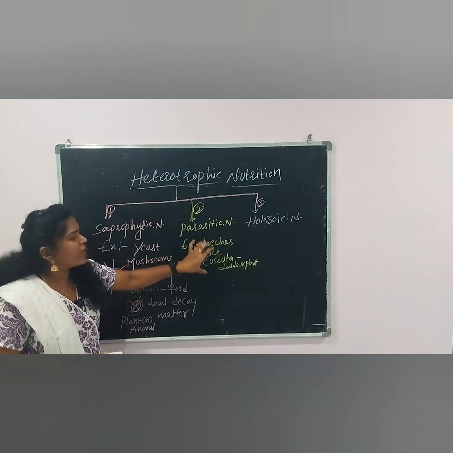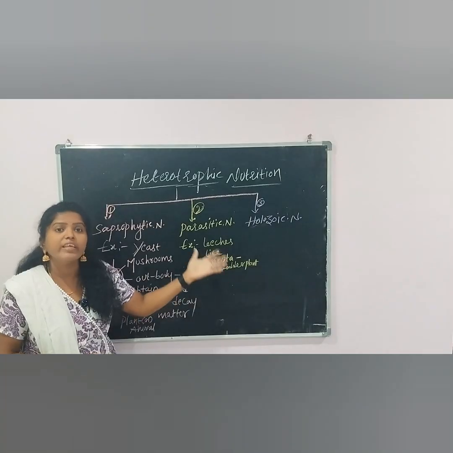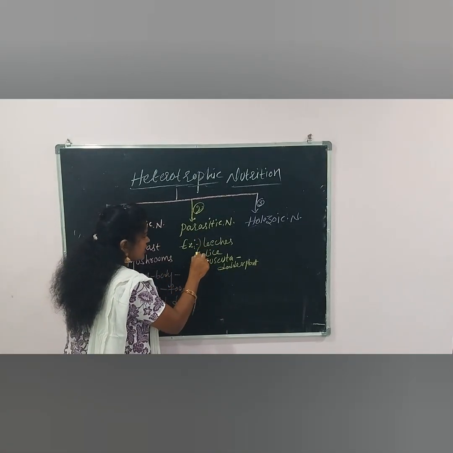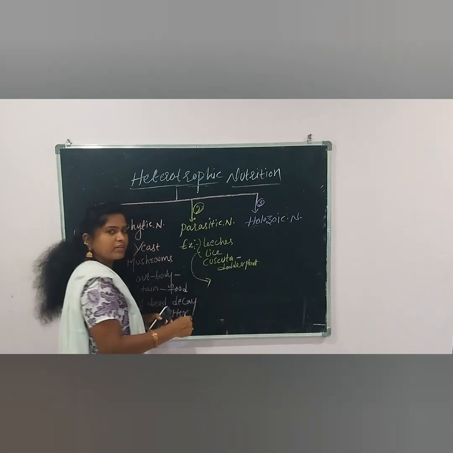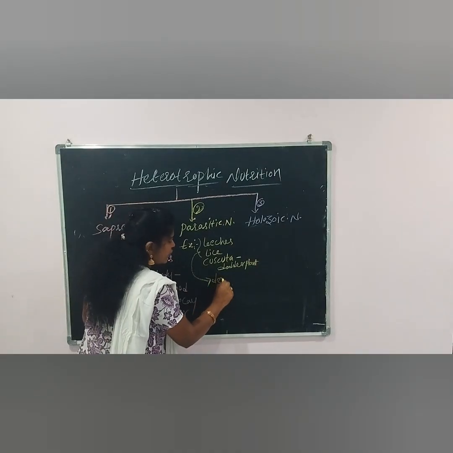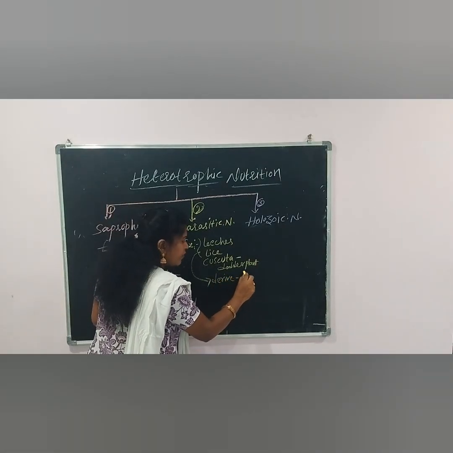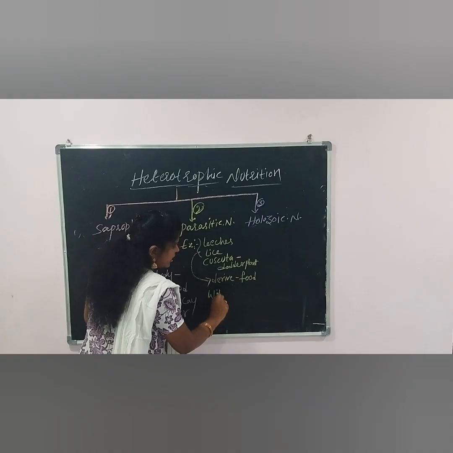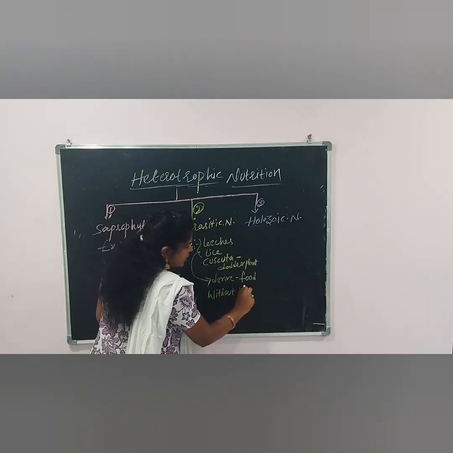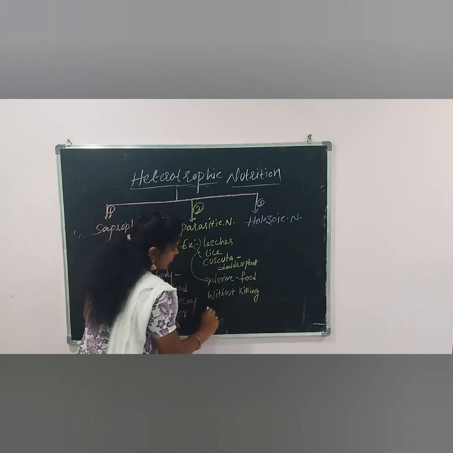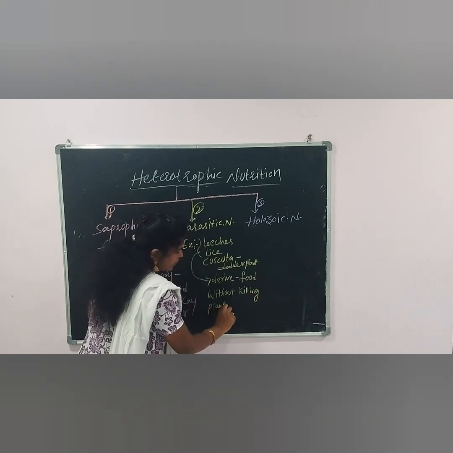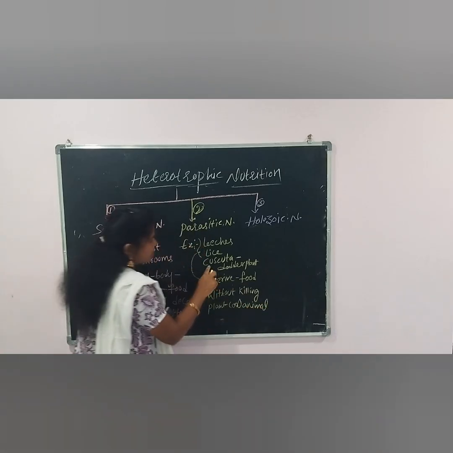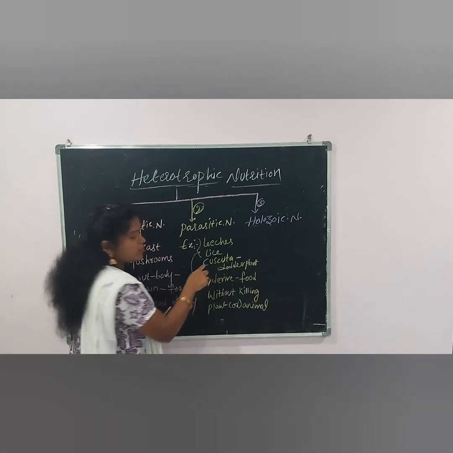And how do these organisms obtain the food? They derive the nutrition without killing the plant or the animal, except the cuscuta.